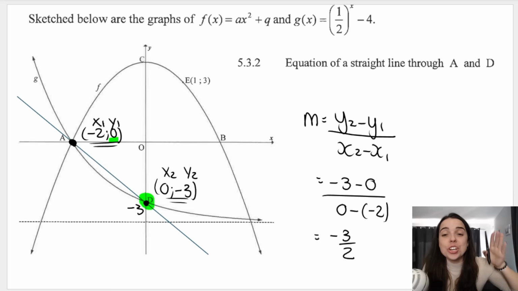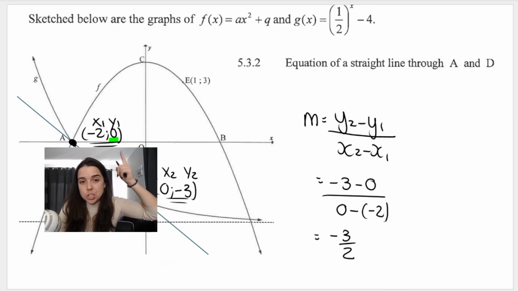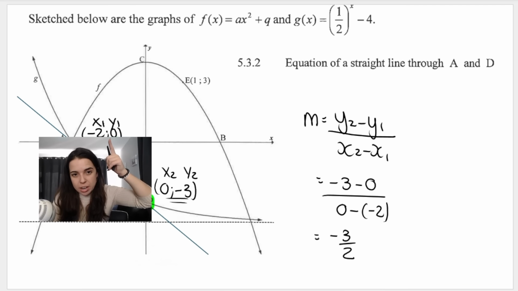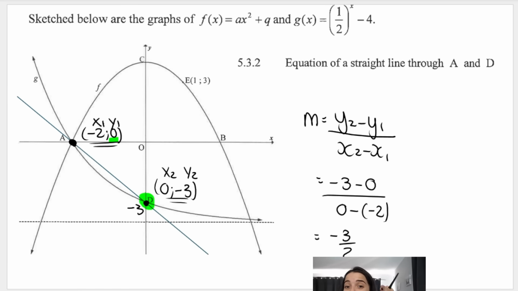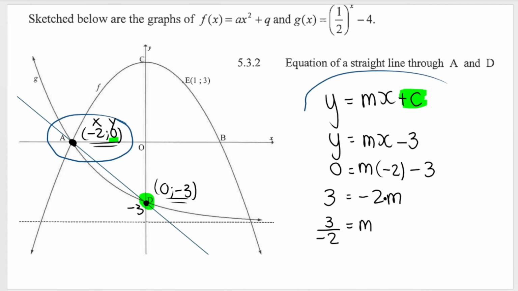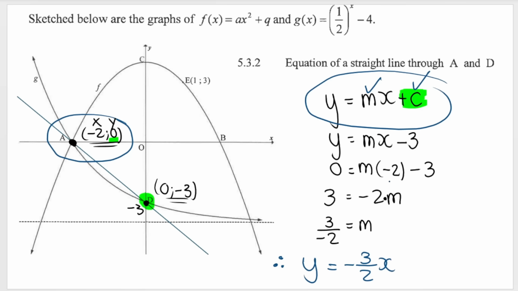And I just wanted to show you that if you use the gradient formula and use these 2 coordinates, this is x1, y1, x2, y2, you get the exact same answer. What this means is that we need to fill in the m value and the c value. So therefore, our final answer is y is equal to the m value, negative 3 over 2 x. Our c value we worked out earlier to be negative 3. And that's your equation.